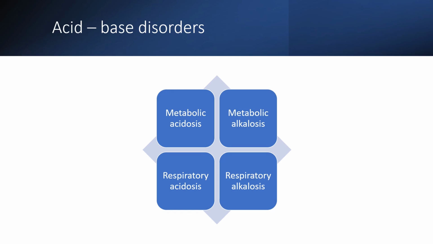Metabolic disorders are usually shown by changes in the level of bicarbonate, while respiratory disorders are usually shown by changes in the level of partial pressure of carbon dioxide, which can be seen in the result of an arterial blood gas analysis. The four major disorders are metabolic acidosis, metabolic alkalosis, respiratory acidosis, and respiratory alkalosis. We will take them one after the other.